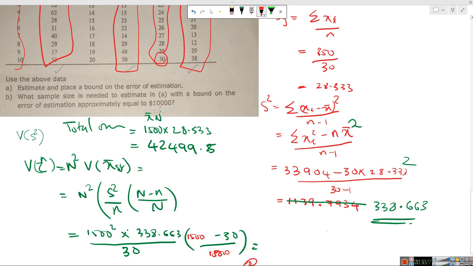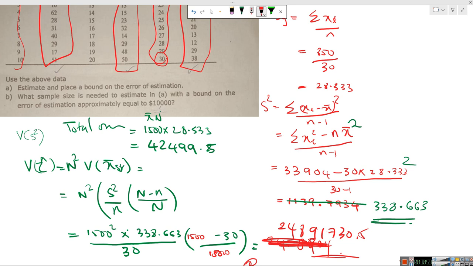Okay, so if you simplify this, you should get the answer as 24.8904. Let's just check. If you simplify this, you should get the answer 2489170305. So this should be the answer, the variance of tau hat.